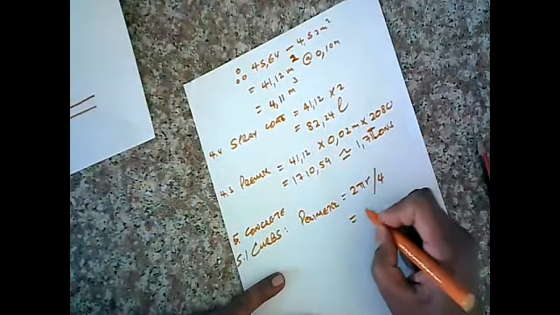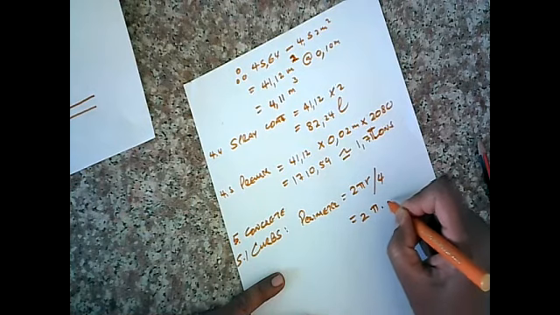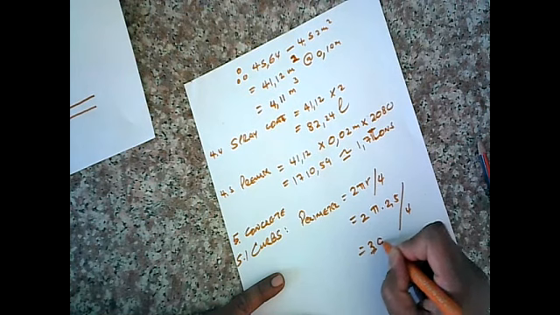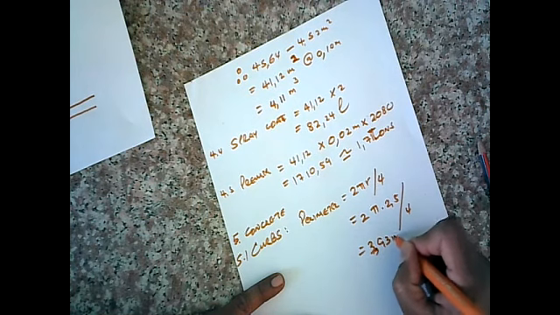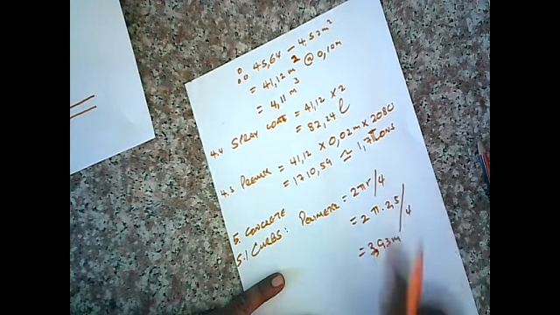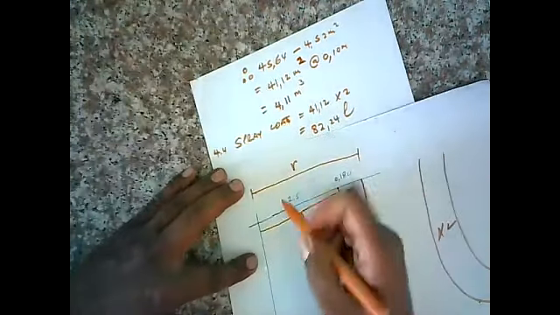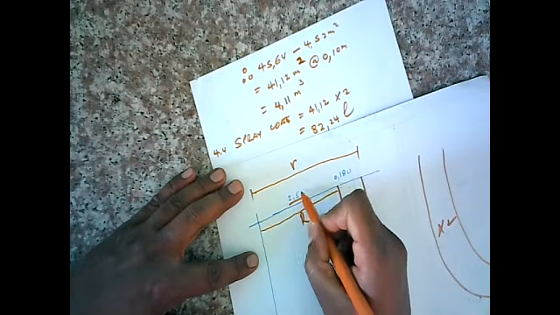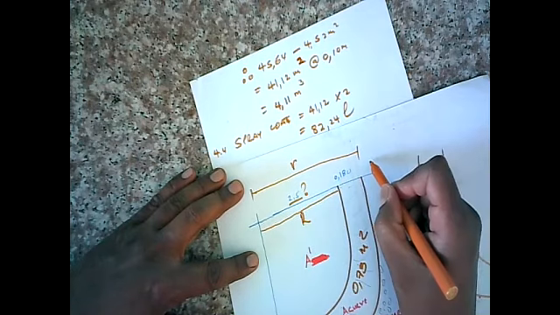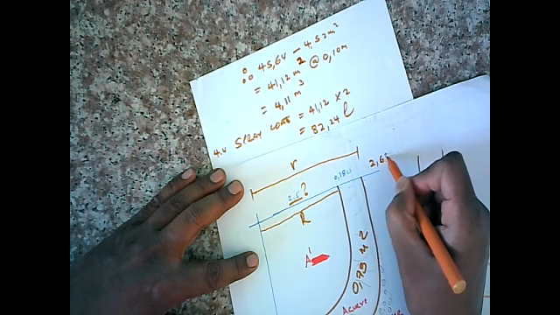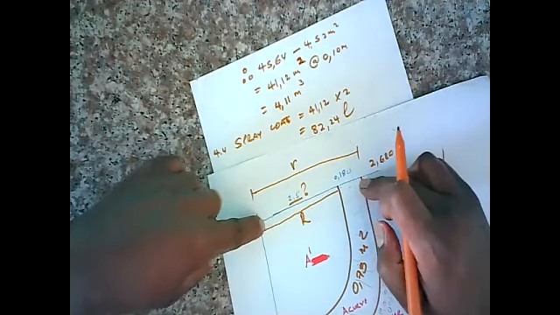All right? And we're saying 2 pi times 2.5 divided by 4, and we're getting 3.93 meters. Now you're gonna ask why 2.5 and not 2.68, which is the entire thing.